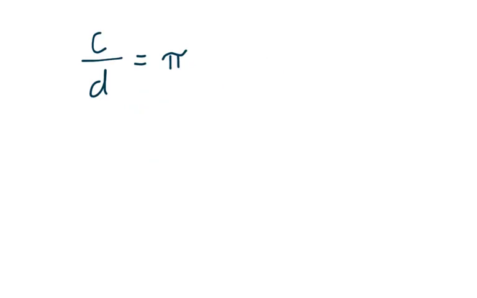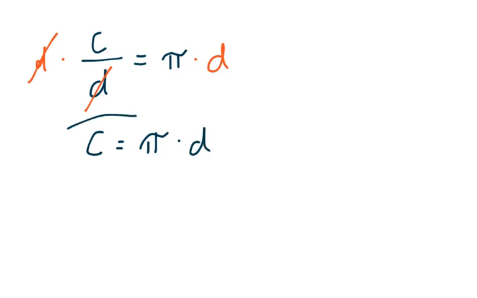The first formula is going to come straight from what we just looked at, that circumference divided by diameter equals pi. We'll do a tiny little bit of algebra here, and we'll multiply both sides by the diameter. On the left-hand side, those cancel, and what we end up with is that circumference equals pi times diameter. This formula gives us the circumference of a circle if we know the diameter.